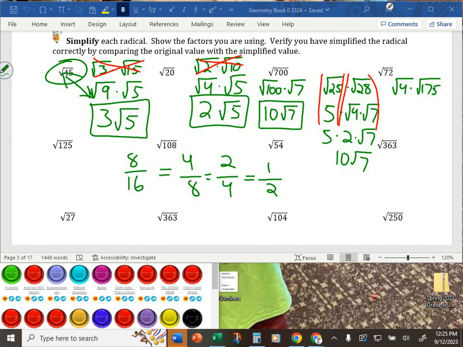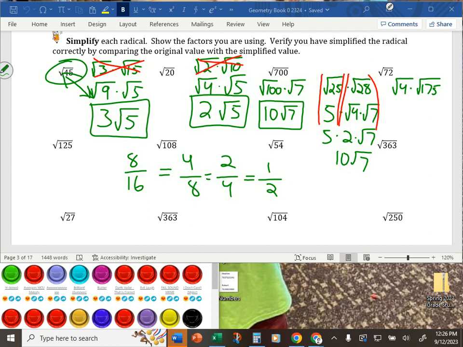Then multiply the 5 and the 2 gives us our 10, and that root 7 matches here too. My point is that if you're not using the largest perfect square, you might go from 8/16 to 4/8, which you're not done yet. You can go further, and you have to be watching out for that.